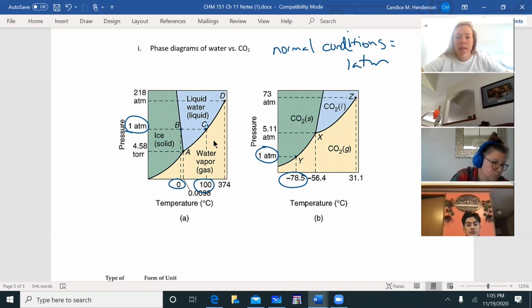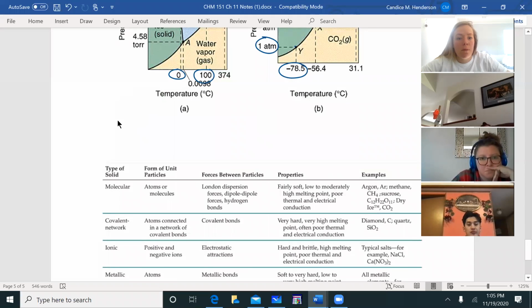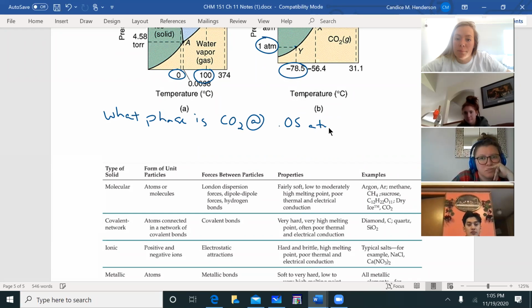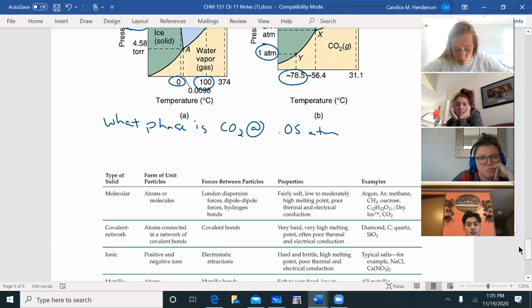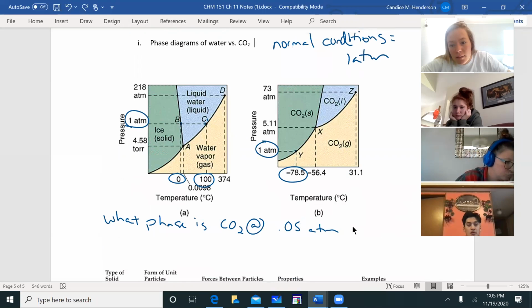So take a look at this diagram here and tell me for CO2, what phase is CO2 at 0.05 ATM and 0 degrees Celsius.